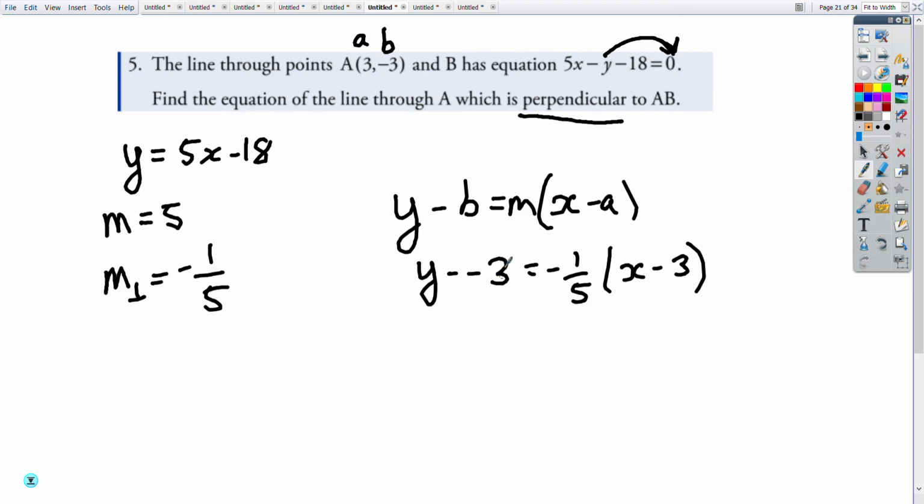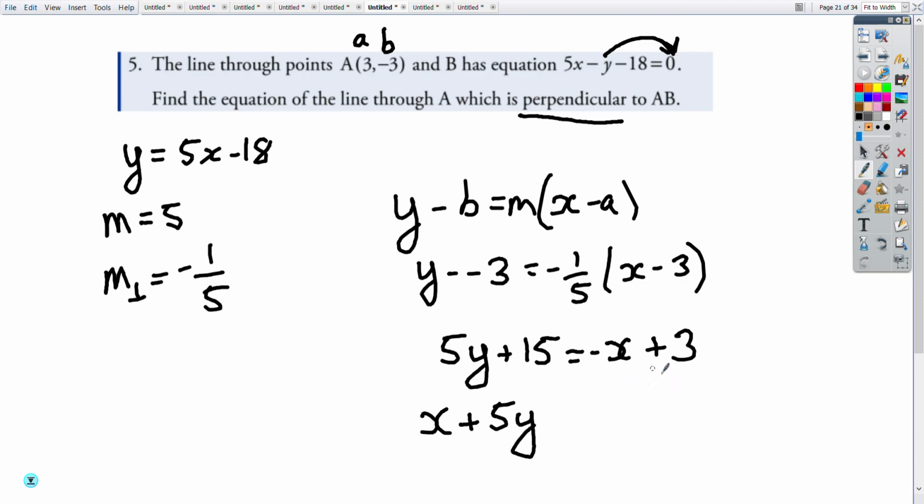That changes to plus 3, and then we're going to multiply it by 5, so it's 5y plus 15 equals, this negative is still important, minus x plus 3. We then want to rearrange it so the x is positive, so we're going to move everything to the left-hand side this time, so it's x plus 5y, take away 3, so that is plus 12, equals 0.